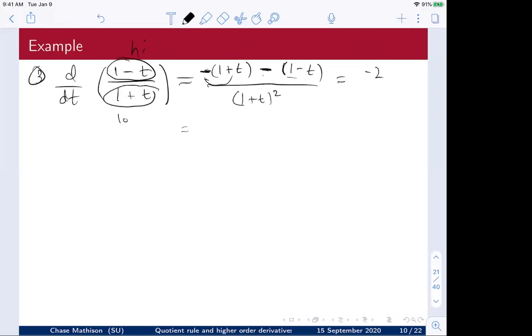If you write this out, this is negative 1 minus t minus 1 plus t, all divided by 1 plus t squared. I'll just write it down here. And then this is equal to, again, that minus t cancels with that plus t. I'm just left with negative 2 over 1 plus t squared.